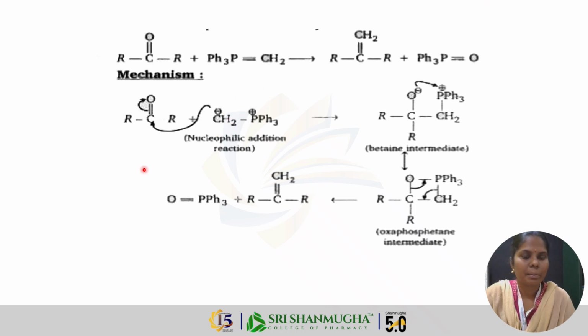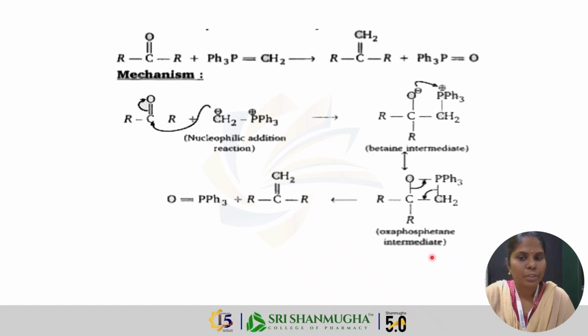So once again, I repeat. First, the nucleophilic addition reaction. The nucleophile attacks the carbonyl compound at the ketone position, the C double bond O. This leads to the formation of the betaine intermediate. This betaine intermediate rearranges to form a four-membered ring structure called the oxaphosphetane intermediate.